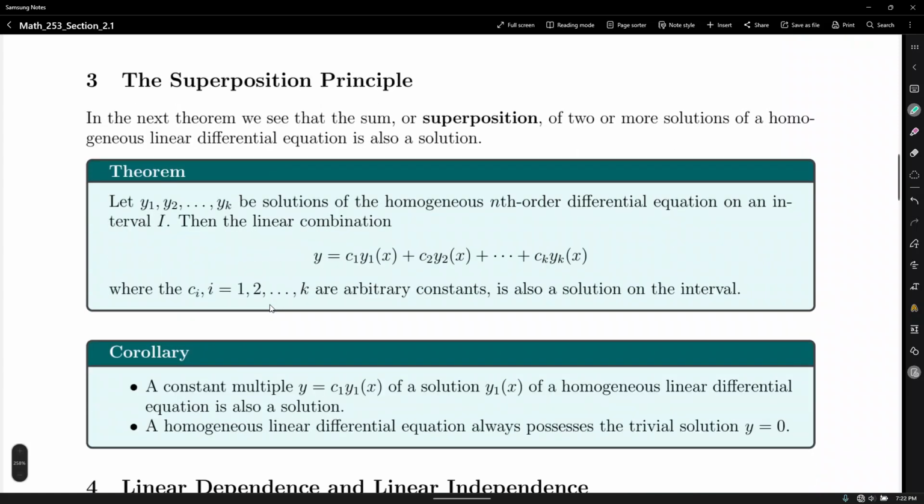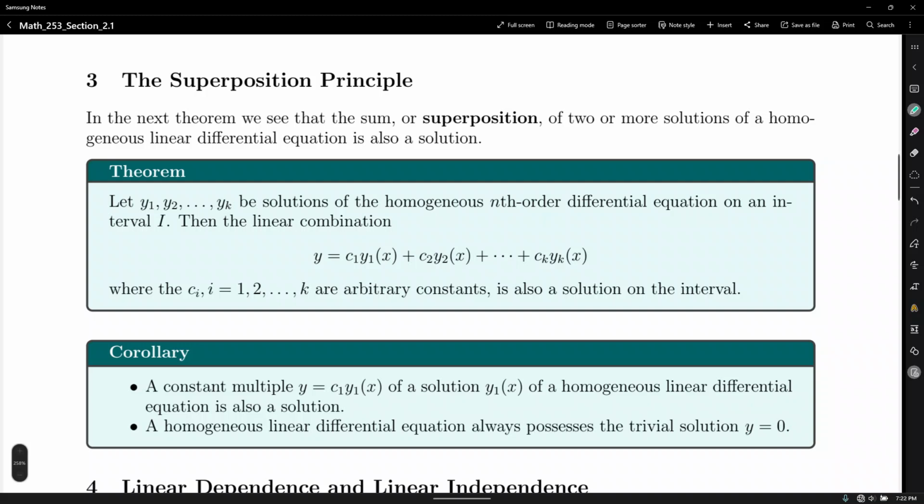Okay, a consequence of the superposition principle is the fact that a multiple of the solution, y equals c1 y1, which is also a multiple of y sub 1, will be a solution to the homogeneous differential equation. And finally, every homogeneous linear differential equation will always possess the trivial solution y equal to 0.